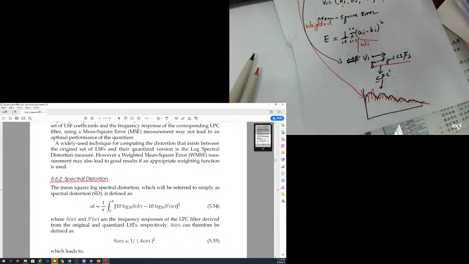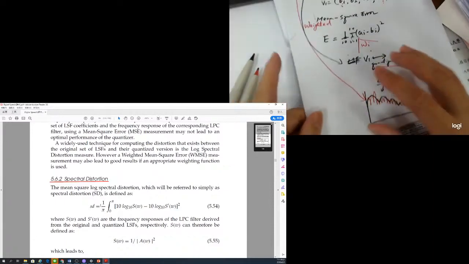This is the original speech signal, and S prime of W, from your textbook, is from the LPC line spectrum frequencies. S prime of W is our quantized line spectrum frequency, recovered as quantized linear prediction coefficients and going back to the frequency response. We see which one has minimal distortion. That one will be the winner.